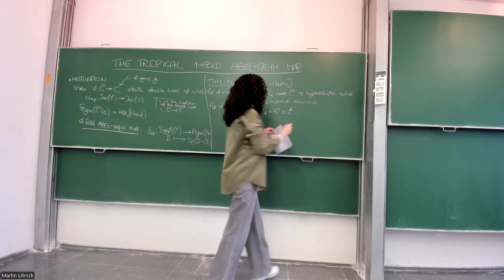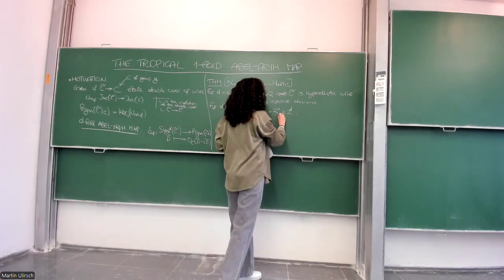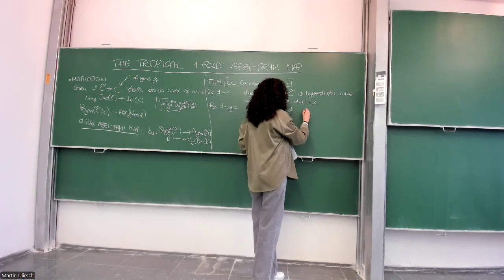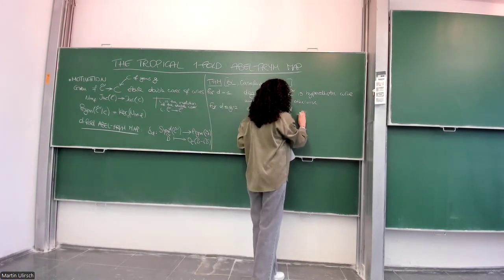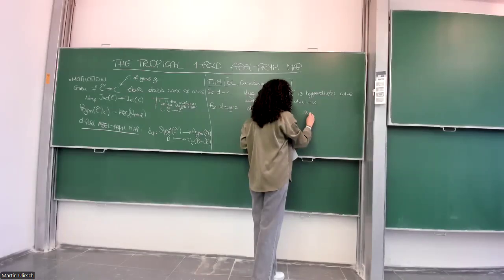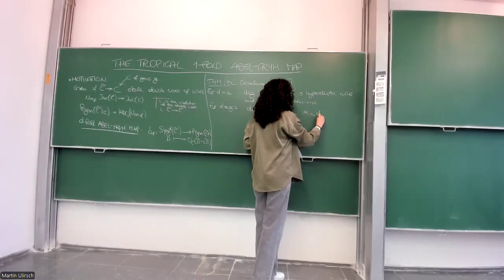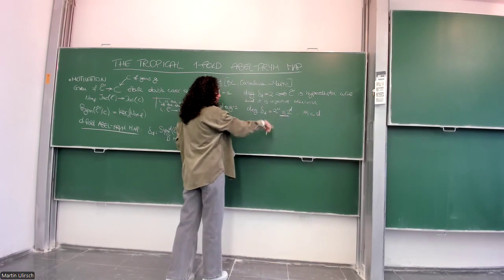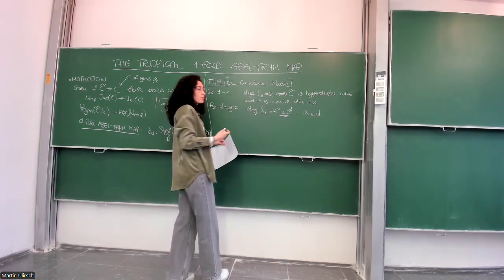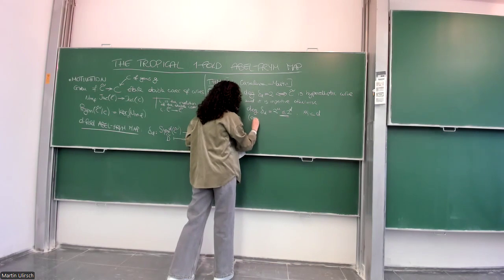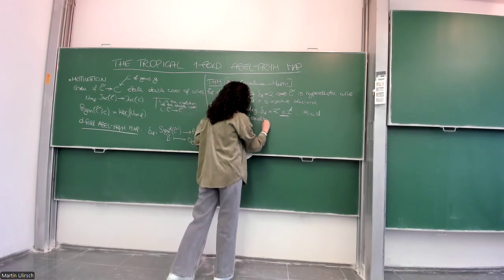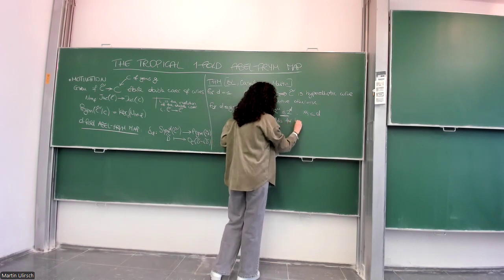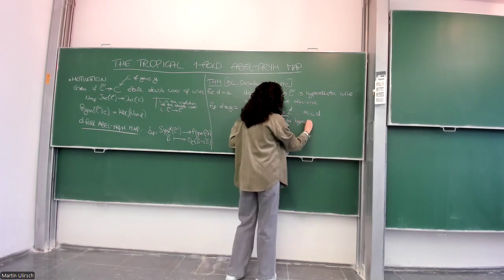And the degree will always be less or equal than 2 to the d, where n is an integer less than d, and equality holds for hyperelliptic curves.